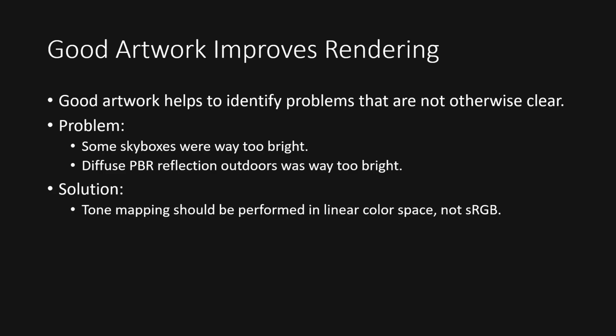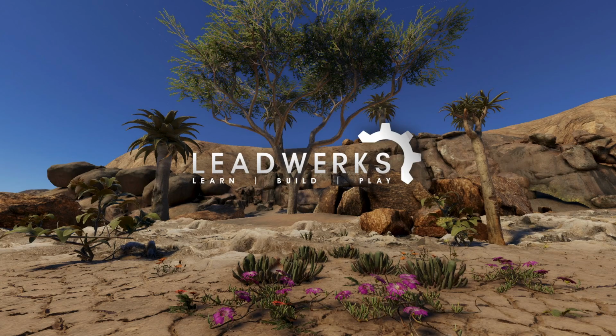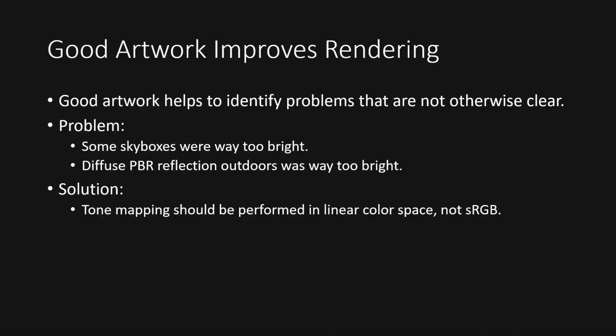And one thing I found, this all came about because of the Ambient CG skyboxes. I wouldn't have figured this out otherwise. Some of the skyboxes that Ambient CG has are really, really bright because they're HDR images, they're photo based.